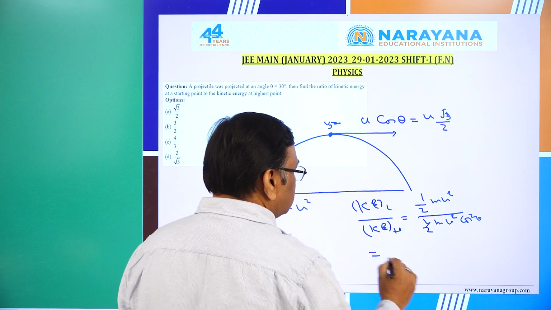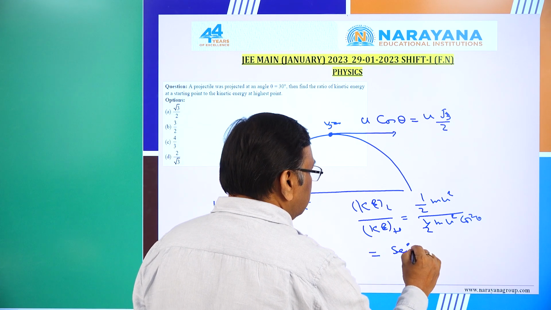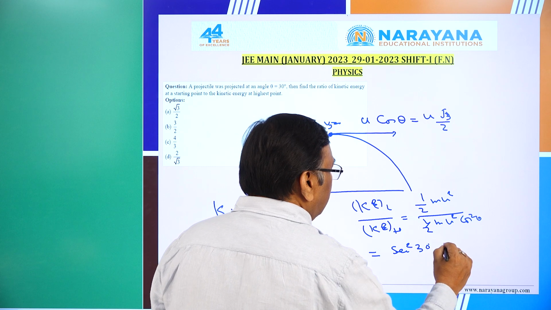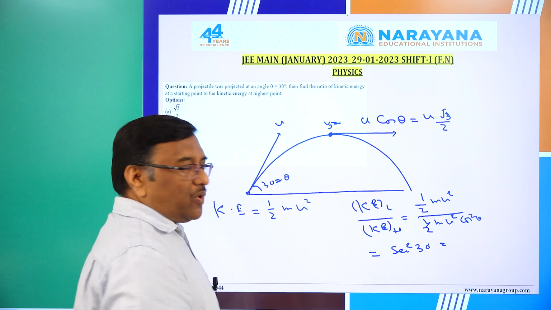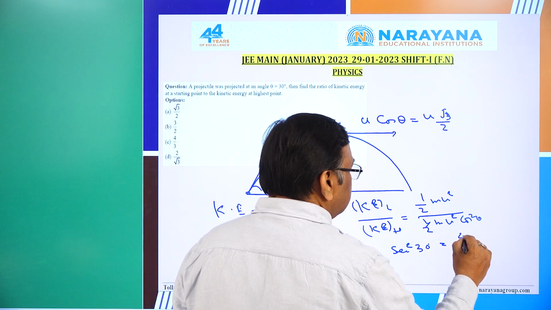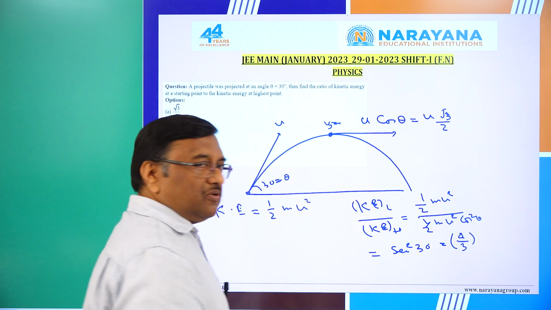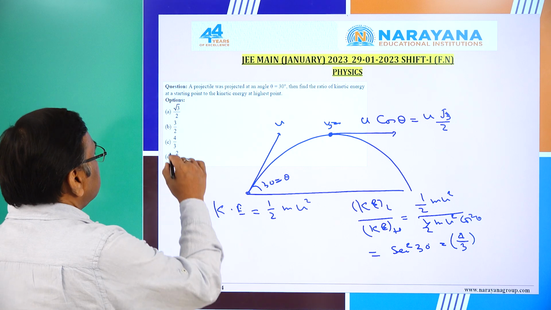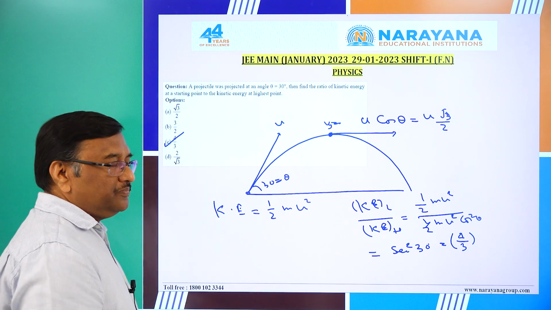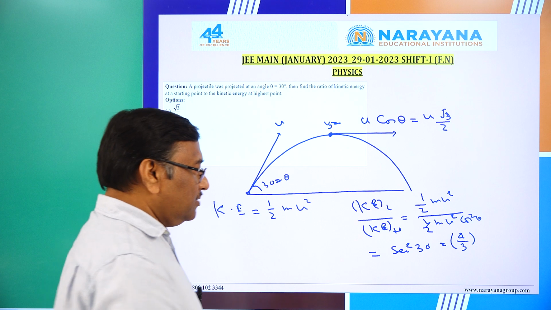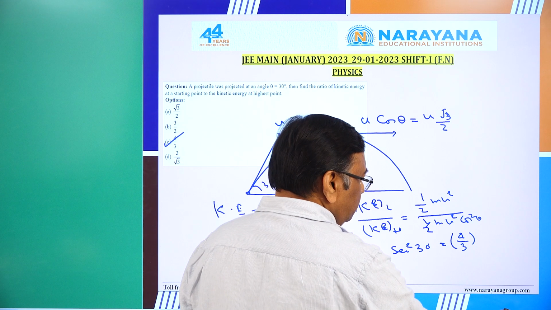That is simply sec square 30 degree, which is the square of 2 upon root 3, that means it is going to be 4 upon 3. So that is going to be your answer for this question. That means this answer is C here. Is it okay? Hopefully. Now let us go for the next question.